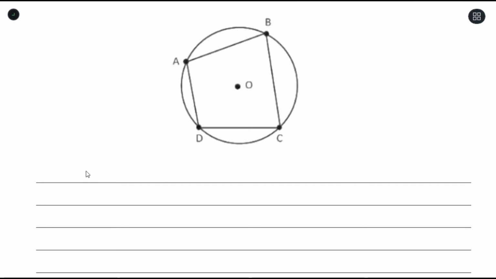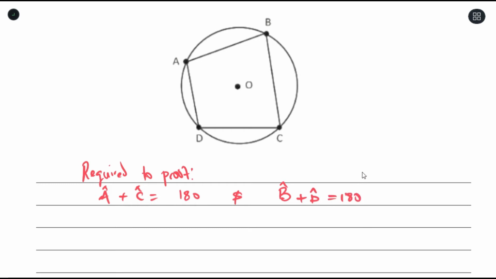So we're required to prove that angle A plus angle C is equal to 180. And we're also trying to prove that angle B plus angle D is equal to 180.